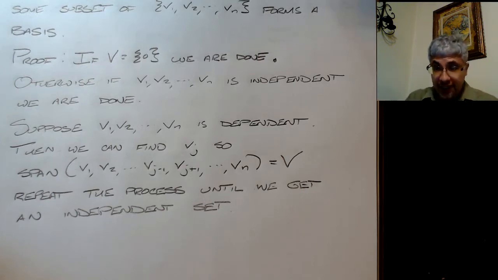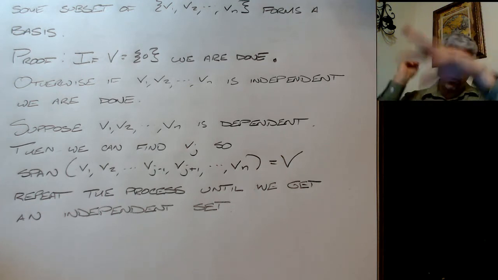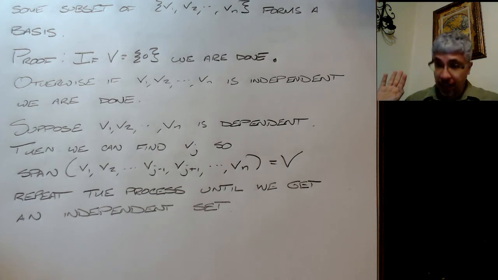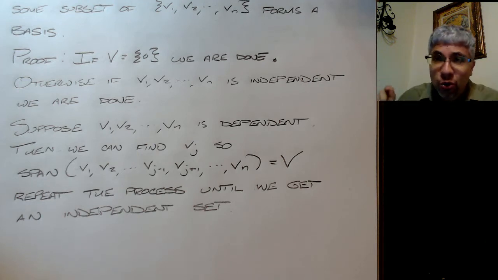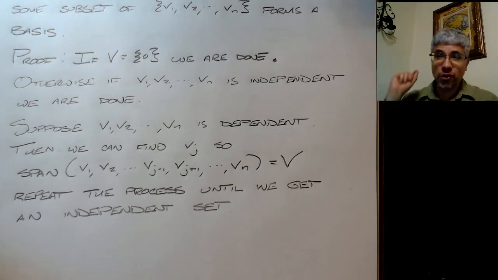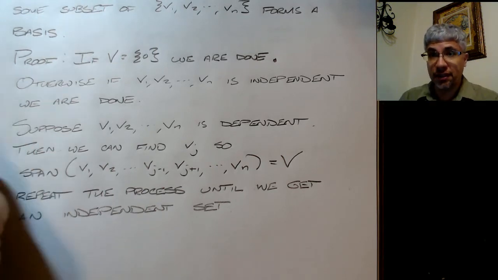One, we have a finite collection of vectors, right? So we can't be removing forever, right? But what happens if we never get to an independent set? Does everyone understand that first part? If we had an infinite collection, then we could remove forever and this process would never stop and we'd be in trouble. But that can't happen. Okay, so what's the only thing that could go wrong? It's that we remove, and we go all the way to nothing. We get all the way to the last vector and we remove it without ever reaching an independent set.